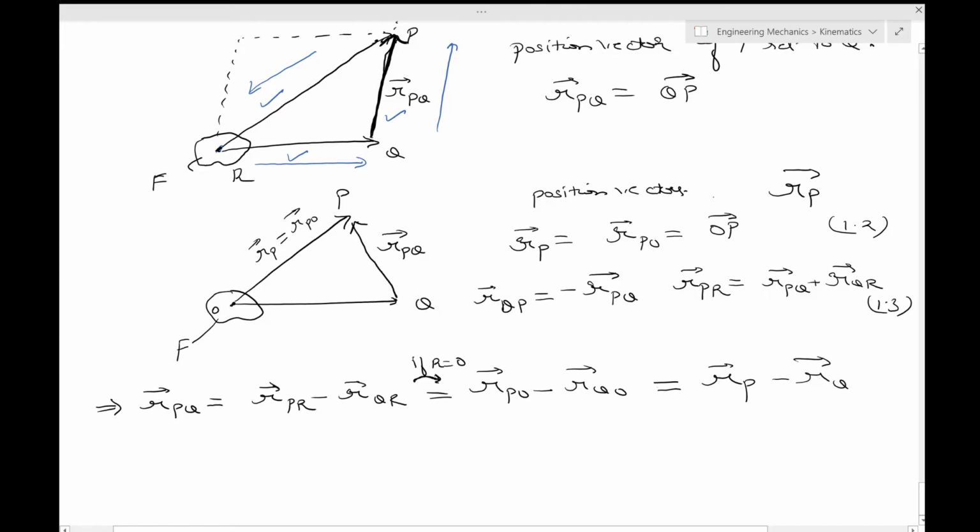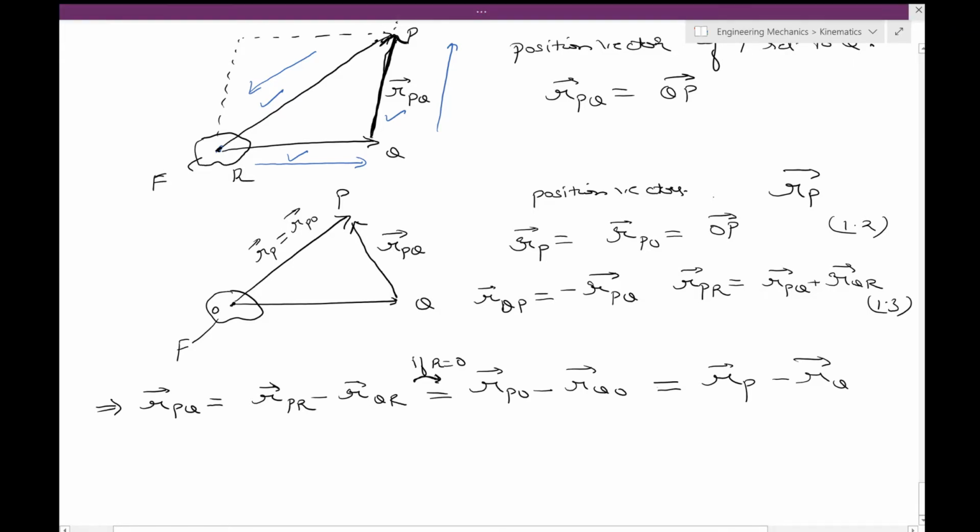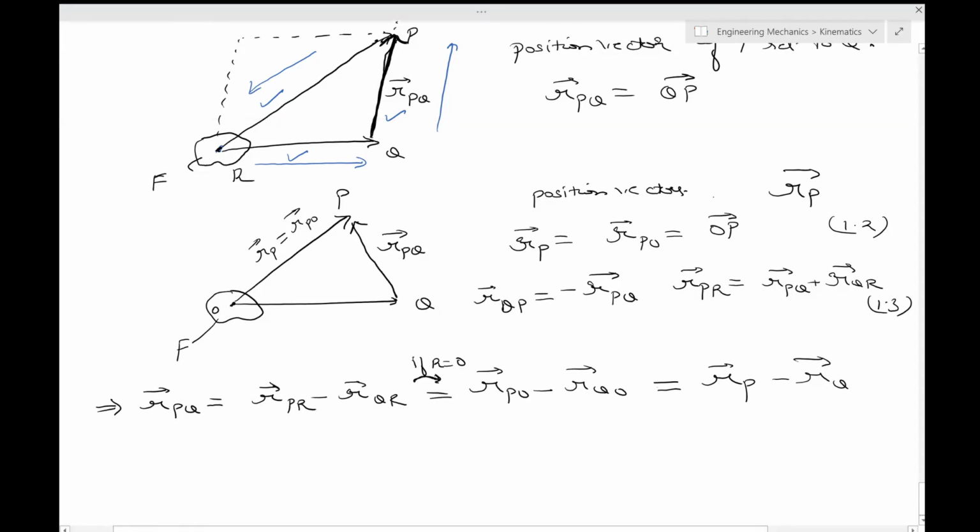Or let's take up the other way. Let me just use another ink. Let me just call this point R over here. So this would be RQR, and this would clearly be RPR.